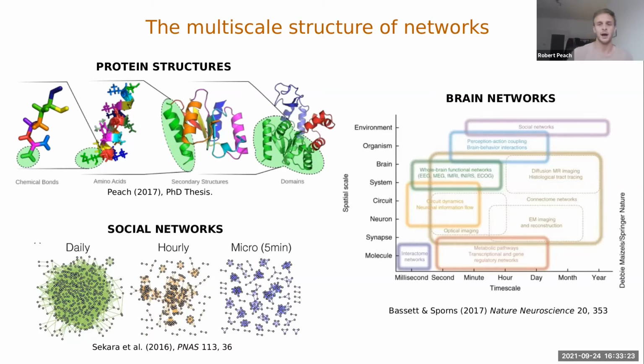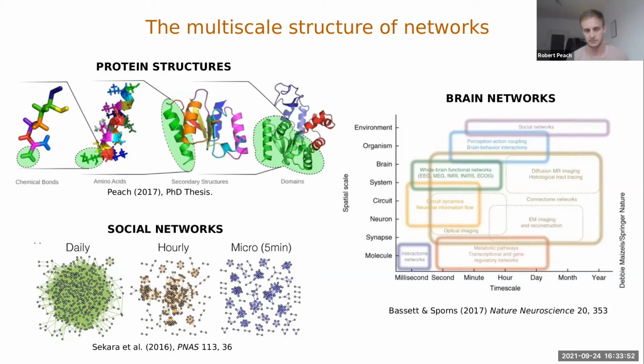On the right, brain networks seem to exhibit multiple scales, everything from interactomes, from neurons all the way up to social networks of humans, and everything in between. So the multi-scale structure of a system is very interesting and important.